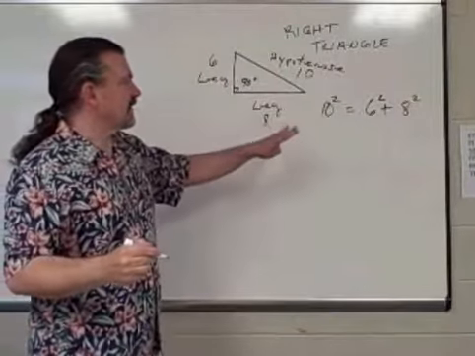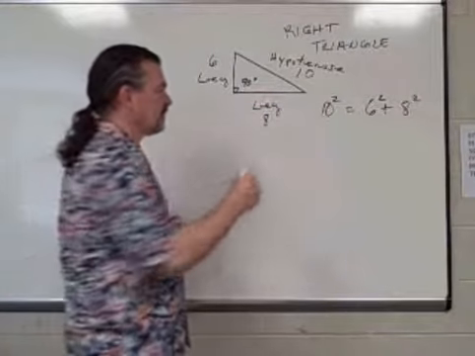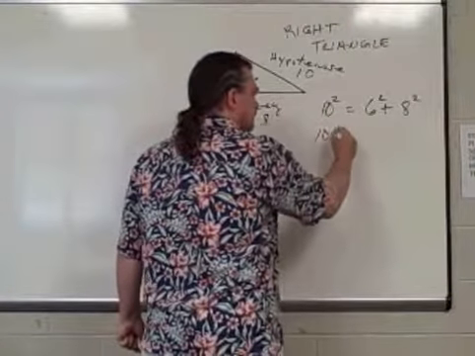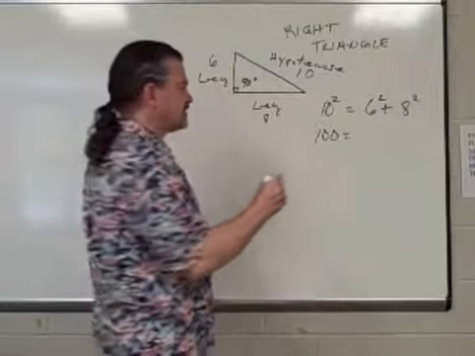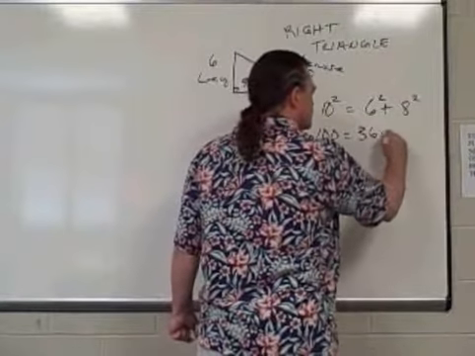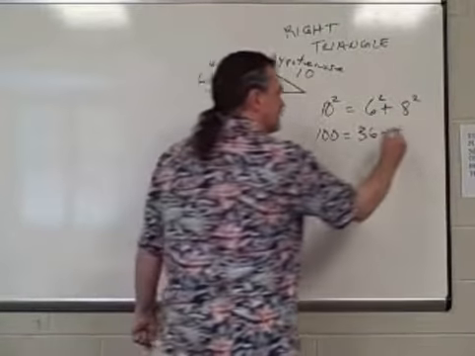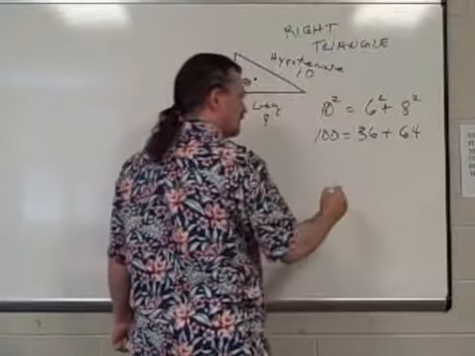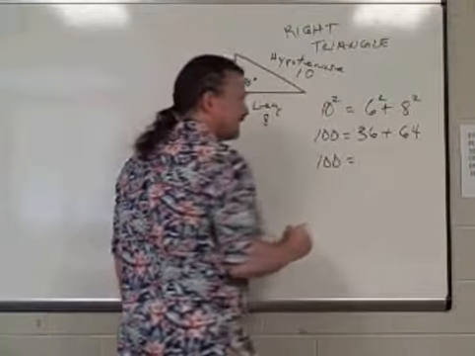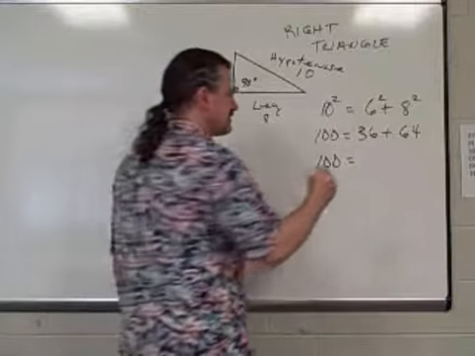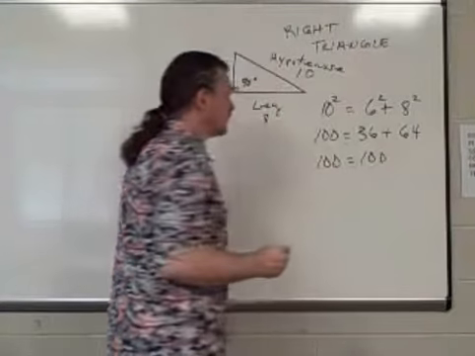And we can illustrate that here with this specific example. 10 squared is 100. 6 squared is 36. 8 squared is 64. And it is true that 36 plus 64 equals 100.